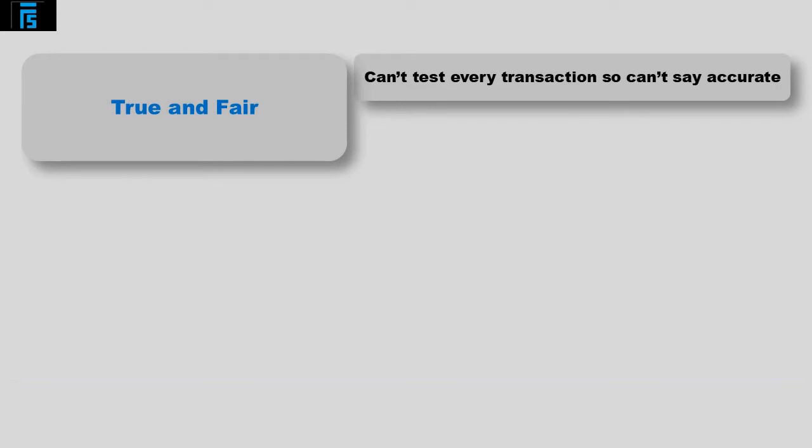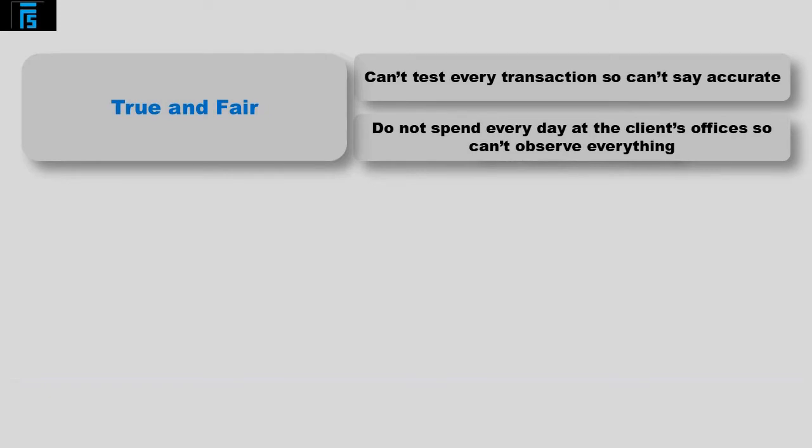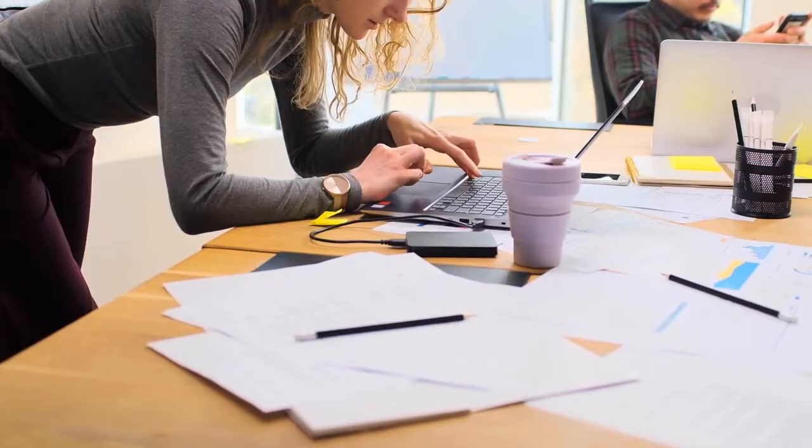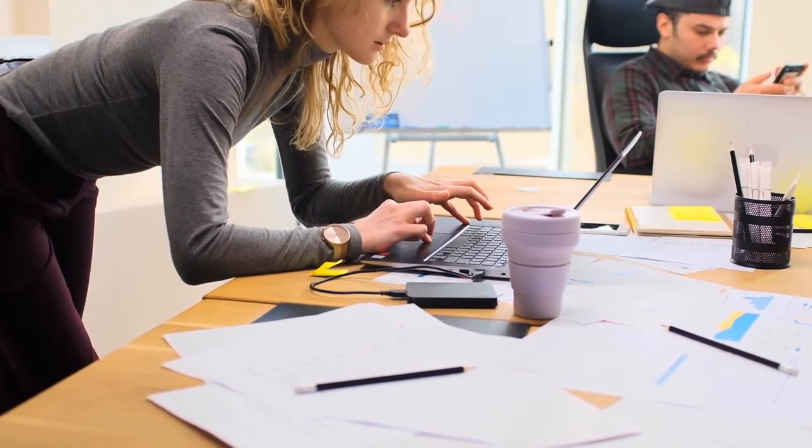To define the term true and fair, we must first understand that the auditor cannot say the financial statements are accurate. The reason for this is that the external auditor does not review every single transaction in the financial statements, nor do they spend every day at the client's offices and production site observing every single process being carried out.